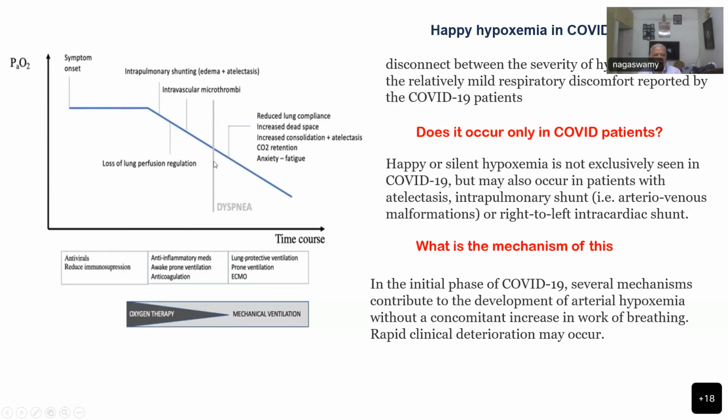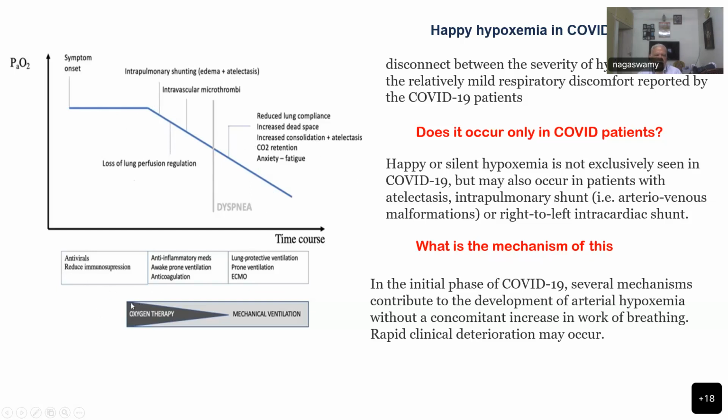And then suddenly, after a particular stage, he becomes very severely dyspneic. There is reduced lung compliance, increased dead space, increased consolidation, CO2 retention, anxiety, fatigue, all these things happen. So this phase when the pathology is going on and the patient is not clinically looking very sick with respiratory distress, that is the phase you call it as silent hypoxemia.